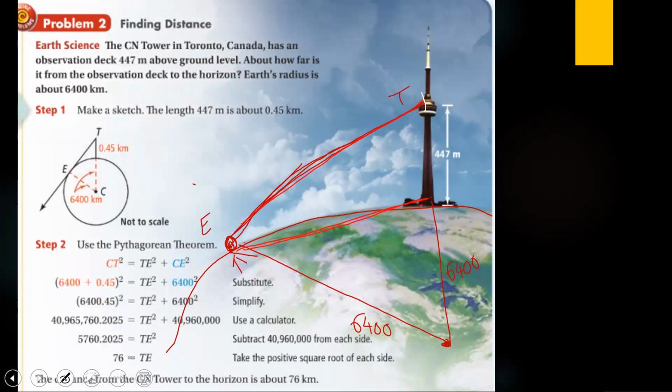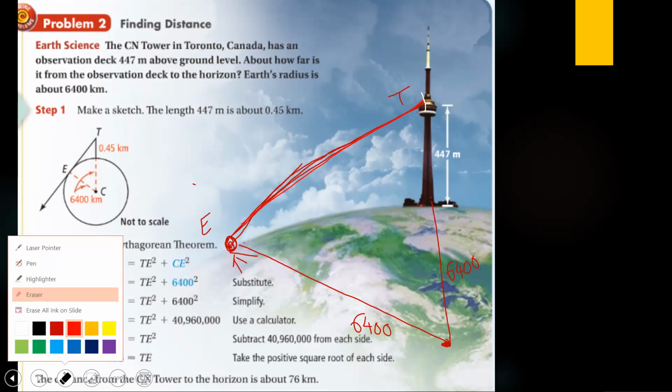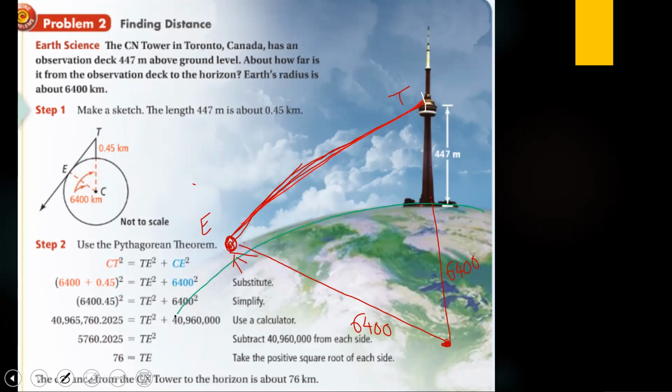I will say that since I am on a circle, on the earth, and my line from E to T is tangent to the earth at point E, I can use theorem 12.1: if line ET is perpendicular to a radius, then this is a right triangle.